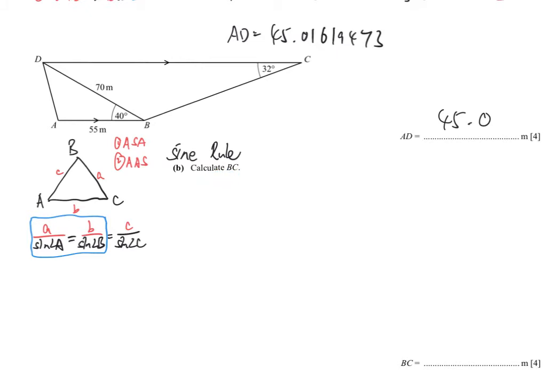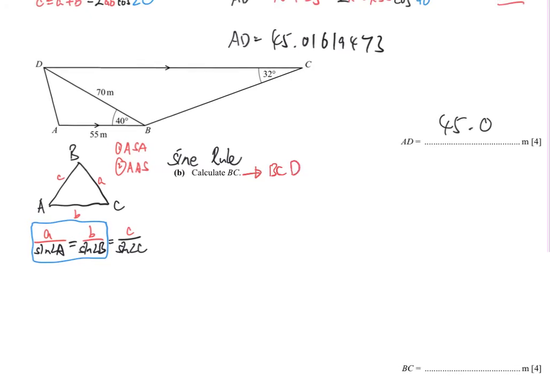Again, we need to think about which triangle it is in. It must be BCD, nothing else. In triangle BCD, you will find you only have two numbers, so you need one more thing to solve it, no matter sine rule or cosine rule.